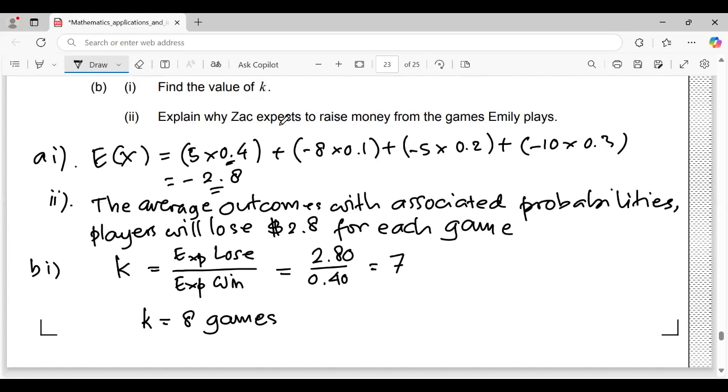Explain why Zach expects to raise money from the games Emily plays.